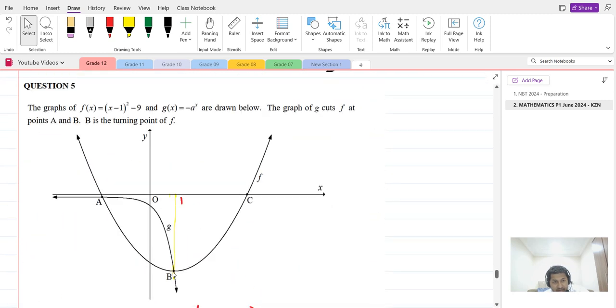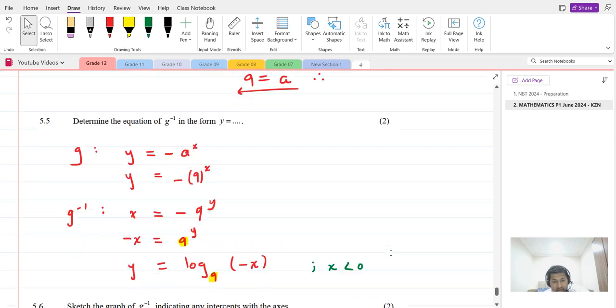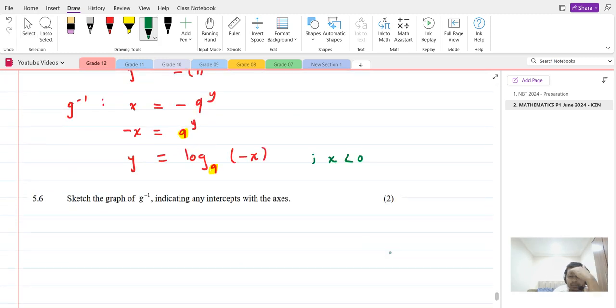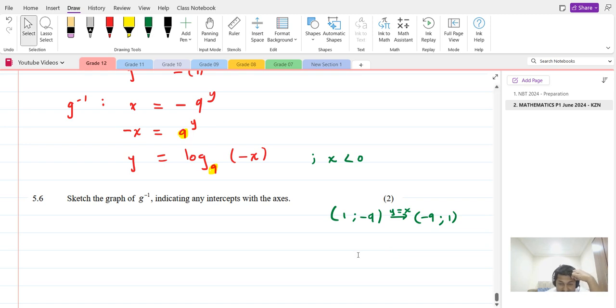We had (1, -9) as a point, so that one will now become (-9, 1). It's a reflection about the line y equals x. That's what an inverse function is. So this was for G, and that's G inverse.